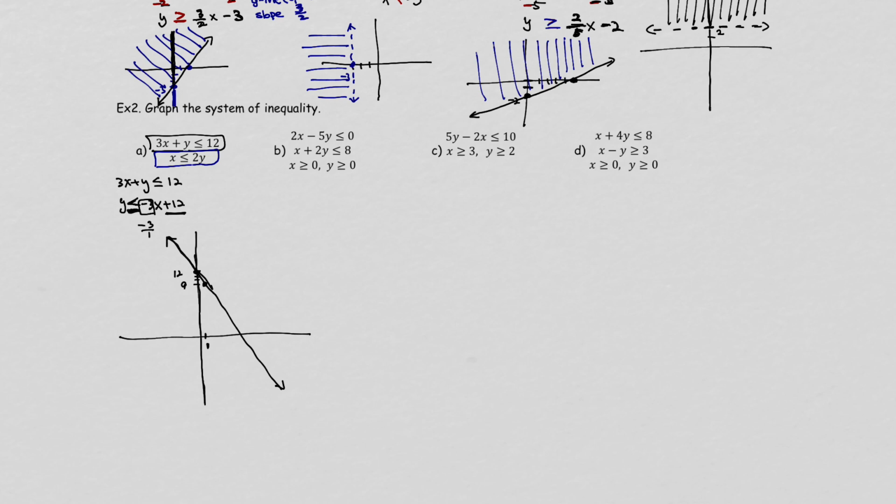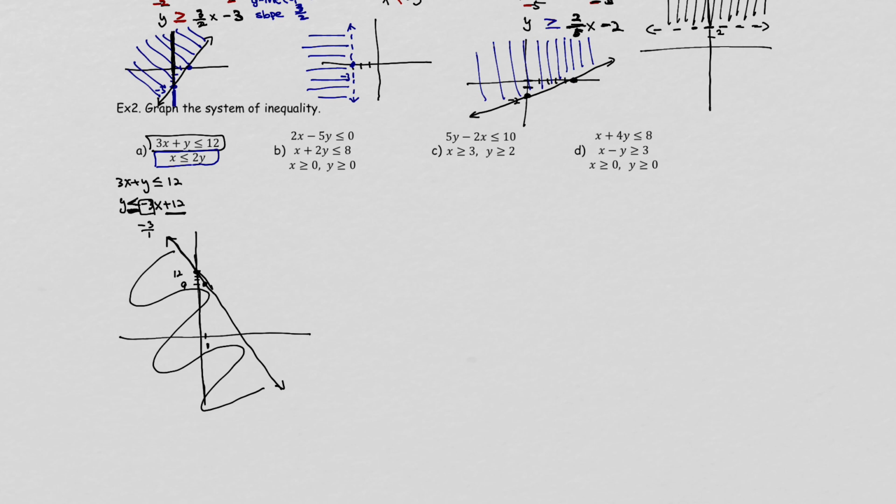So it will be this area. But this area is not going to be the solution. We need to find the other one, and remember the overlapping area will be the solution. So I'm just going to note it like this.